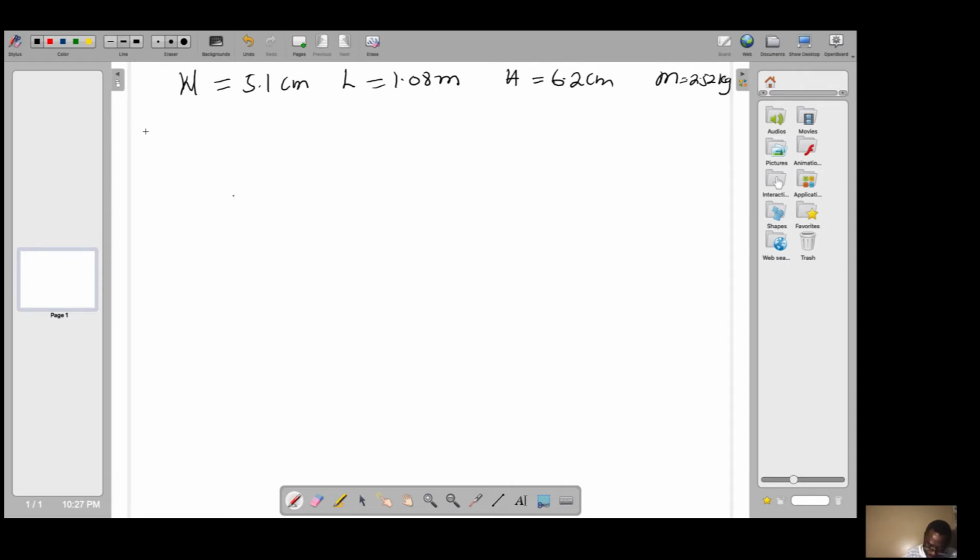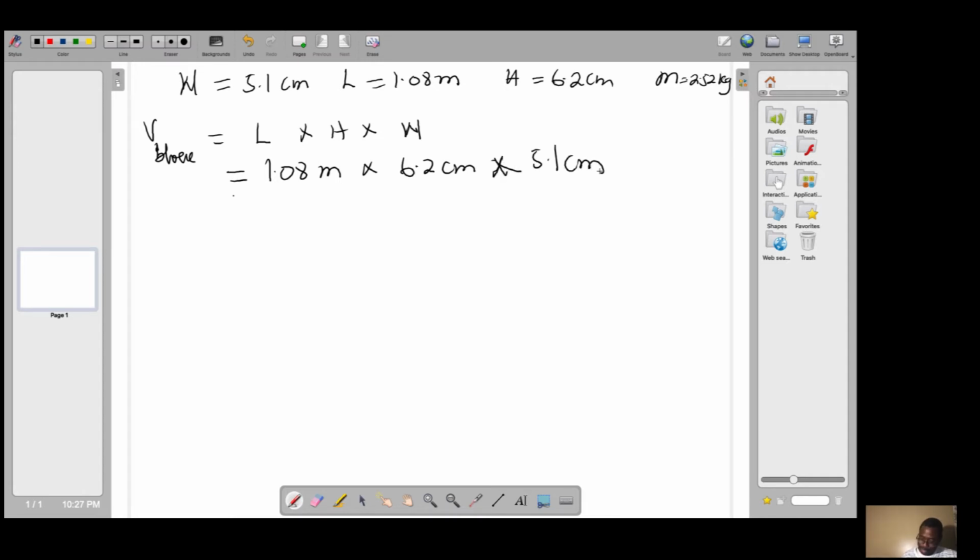To find the volume of the block, you just have to recall that it is length times height times width. So this equals 1.08 meters times 6.2 centimeters times 5.1 centimeters.